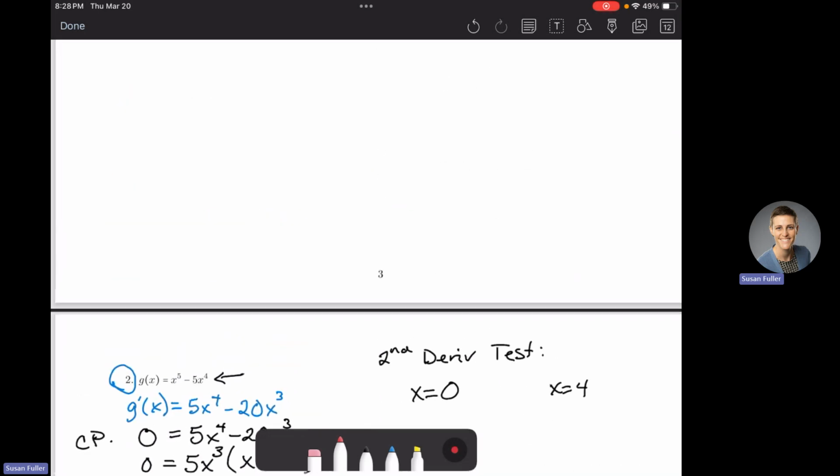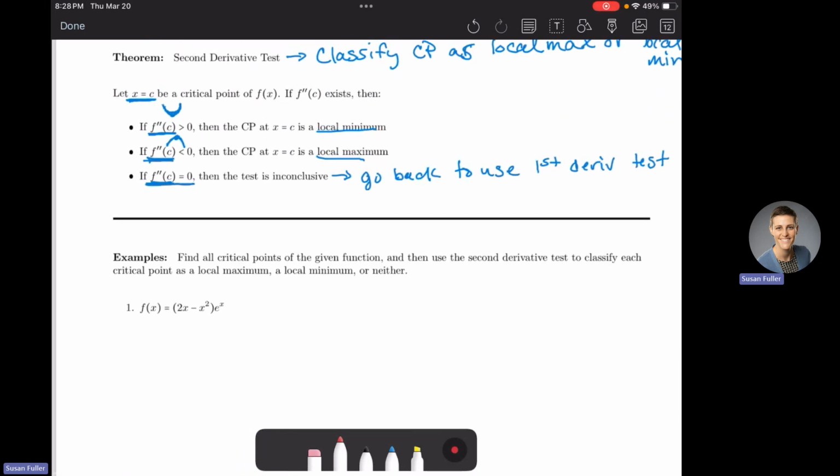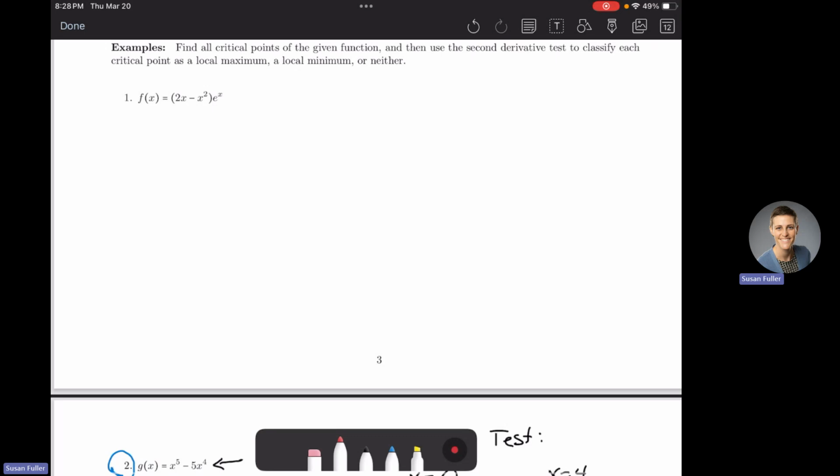Okay, so second derivative test says that if what you get out of your second derivative is positive, then your critical point's a local min. If what you get out of your second derivative is negative, your critical point's a local max. And if what you get out is 0, then the test is inconclusive.